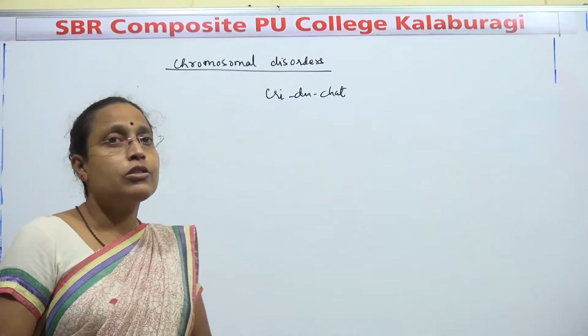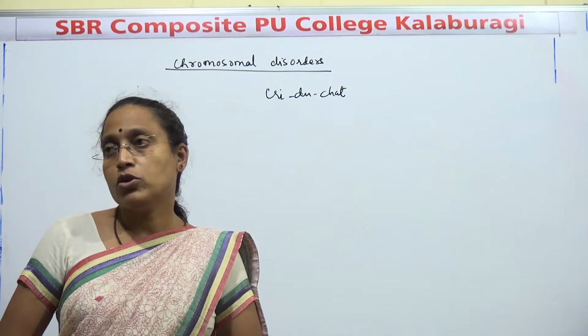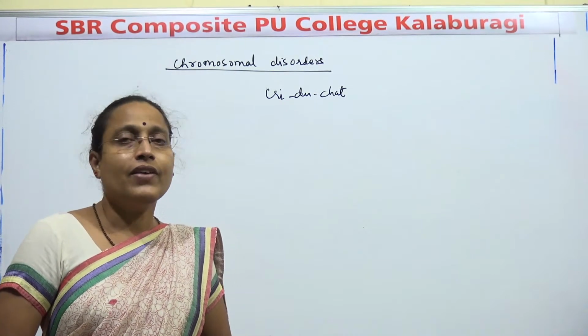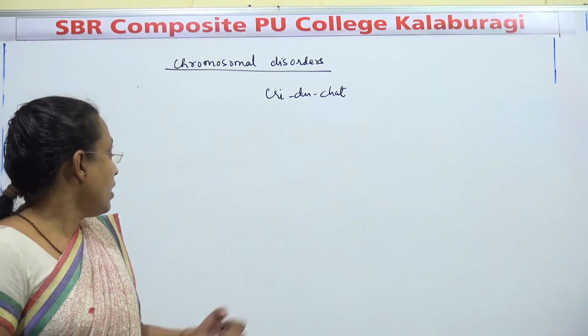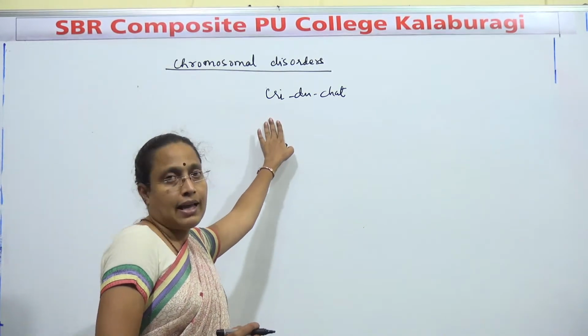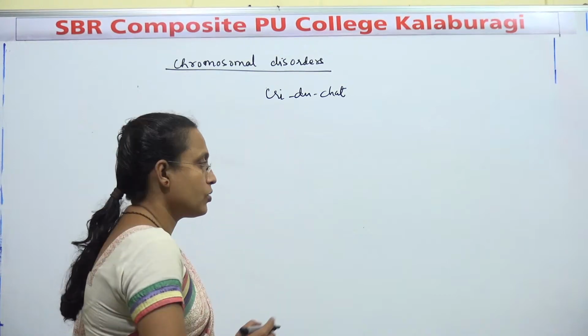So this is also a chromosomal disorder where the defect lies in the fifth chromosome. Now, cry like a cat is the meaning of this condition.